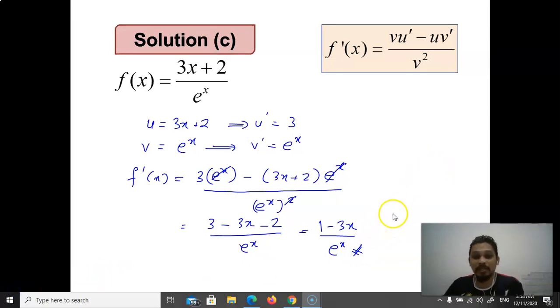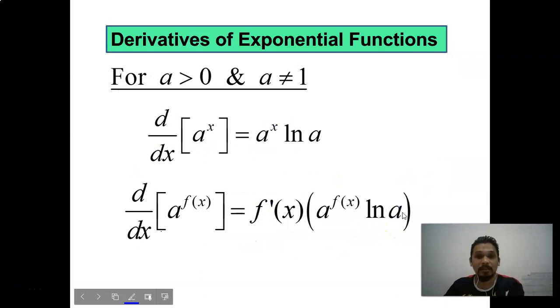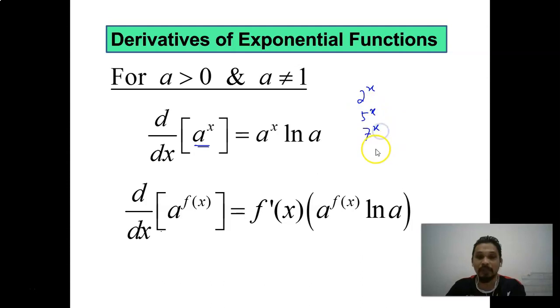Now let's take a look at the next: the derivative of an exponential function, for a greater than 0 and a not equal to 1. For this case, we take the example of 2 to the power of x, 5 to the power of x, 7 to the power of x, and you just name it.